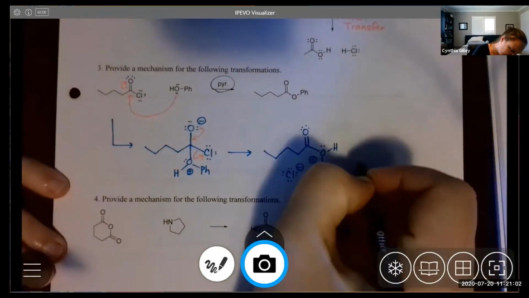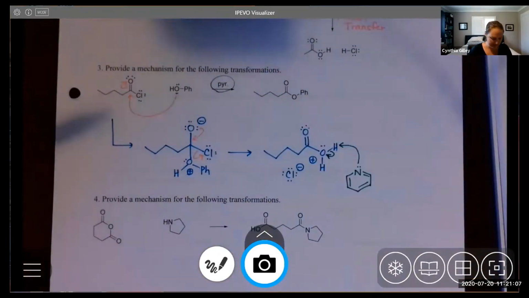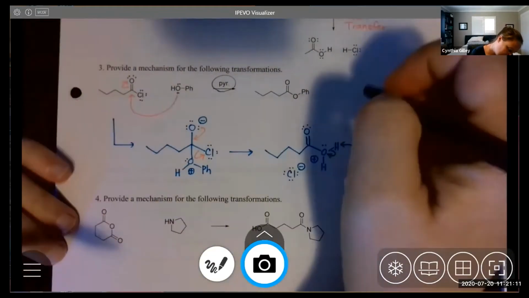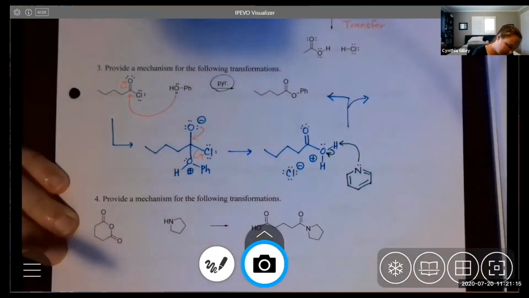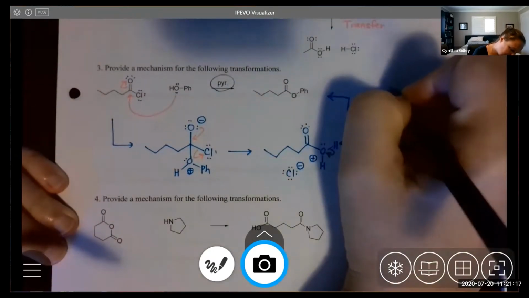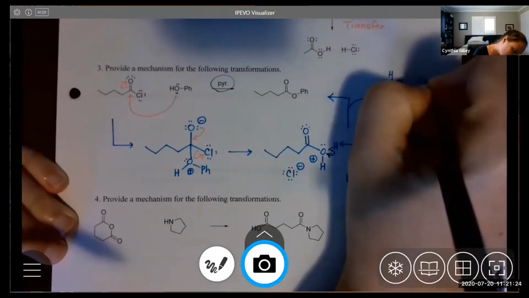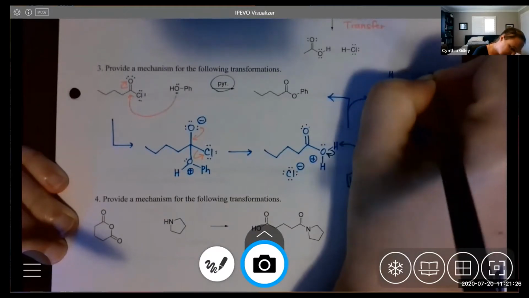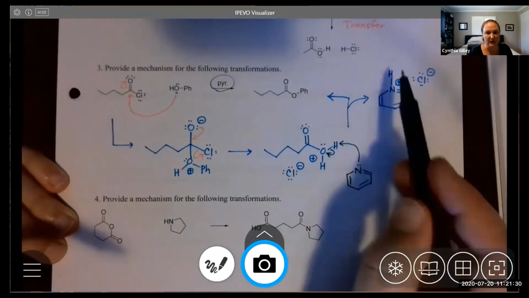And so it will likely do the final proton transfer here. And we'll get to this product, and the byproduct is pyridinium chloride, which, since pyridine is more basic than chloride, the conjugate acid of that is a weaker acid.